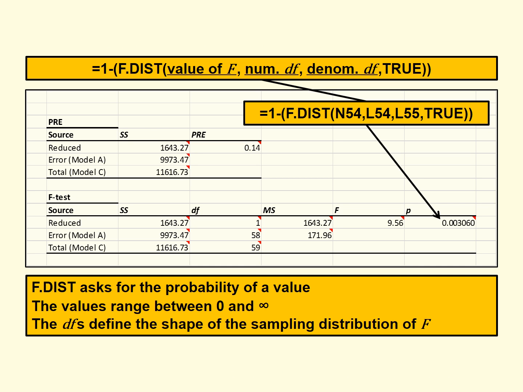So if we want to know the probability of a particular F statistic in Excel, what we ask for is where that value exists in an F distribution, which is the function here. And the F distribution is going to be defined by the degrees of freedom in the sampling distribution, which is why we have to give those values when we're asking for the FDist function.